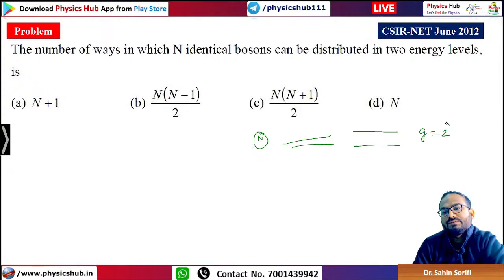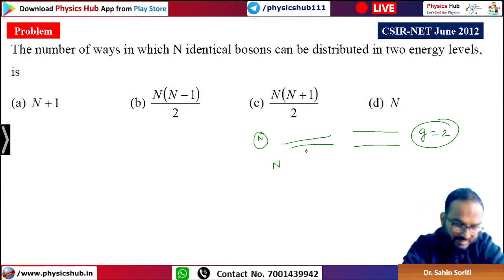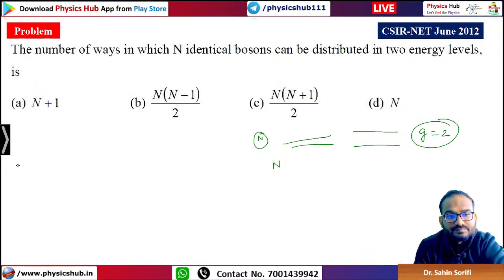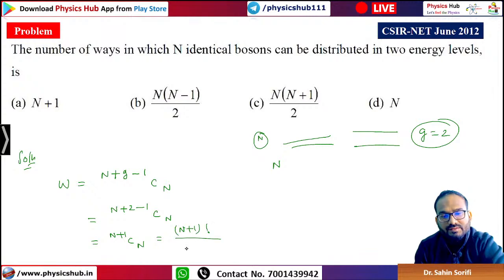Number of ways in which n identical bosons need to be distributed into 2 energy levels. So G is equal to 2, N is equal to n. Tell me quickly, what is the answer? Ni plus Gi minus 1 C Ni: n plus 2 minus 1 C n, n plus 1 C n. (n plus 1) factorial by n factorial into 1 factorial.